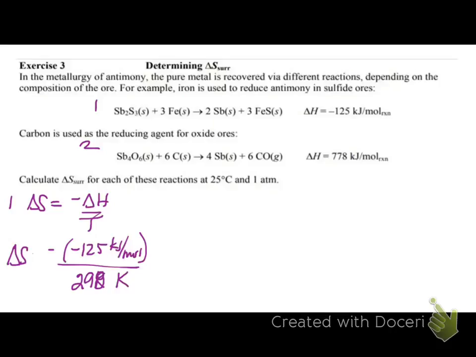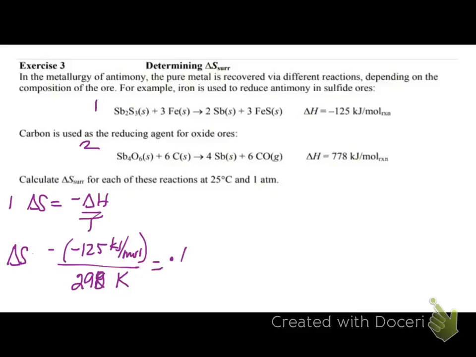How do we know we need to be in Kelvin and not Celsius? Because if you look at your units, it has Kelvin in there for the entropy unit. Okay, so we will be using Kelvin, not Celsius. So we do all that math and we get, that's what I just noticed.